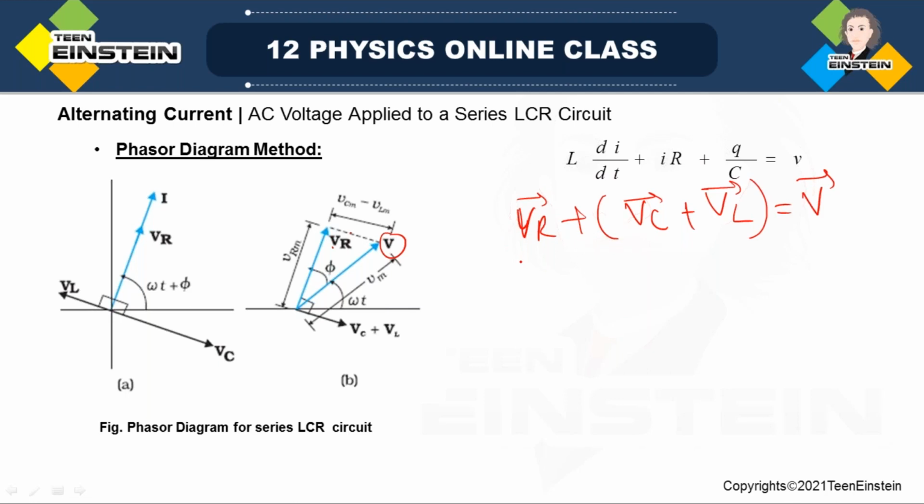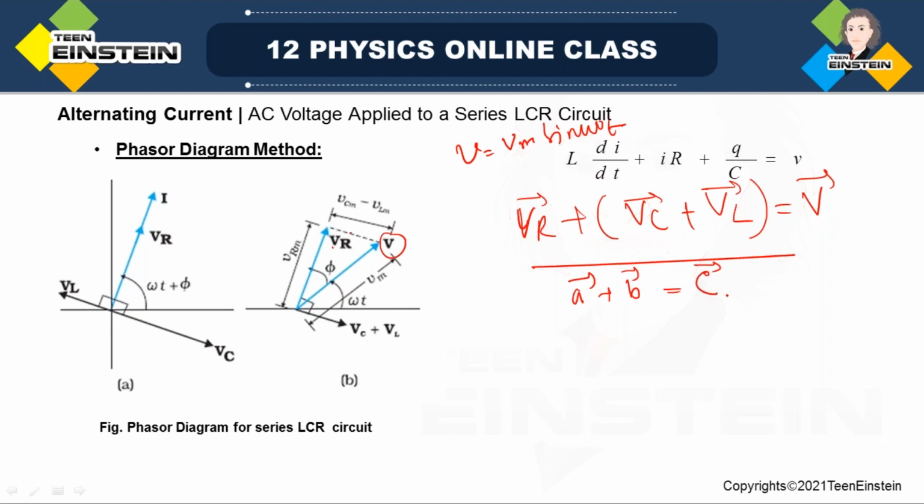Now if I write in terms of magnitude, this is what we'll be writing in terms of magnitude. If I just want the magnitude, what will it be? We know V is equal to Vm sine omega t. If A plus B is equal to vector C, then how do you write the magnitude?